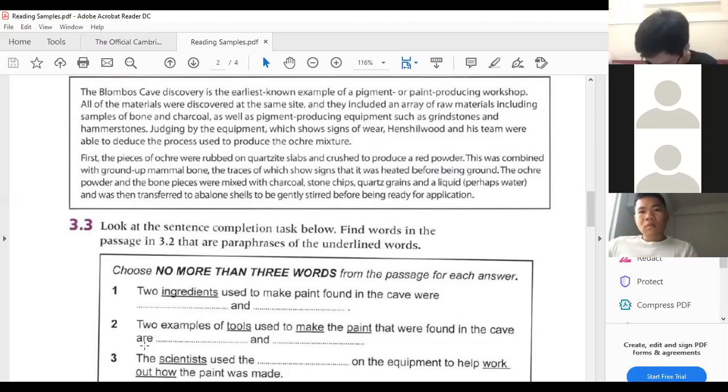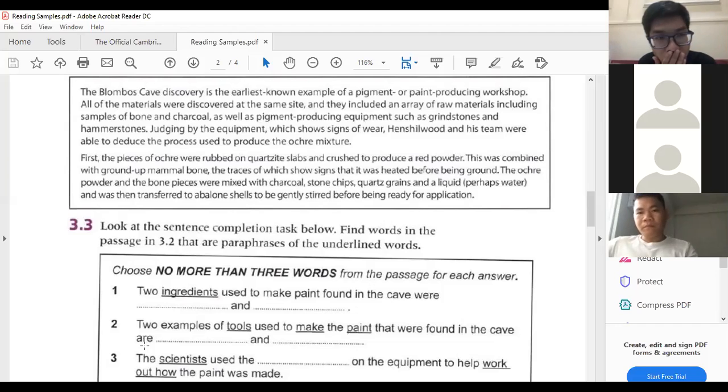Okay, time's up. What is the synonym of the word ingredients in our short passage? What word did they use to mean ingredients? Okay, Makara, you can answer. Materials. Materials, very good.